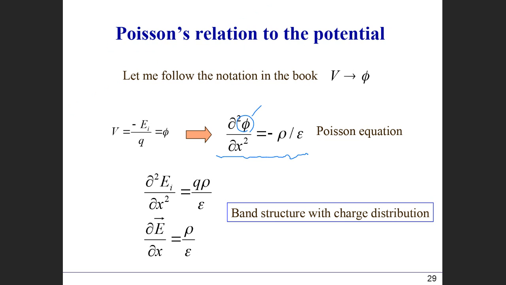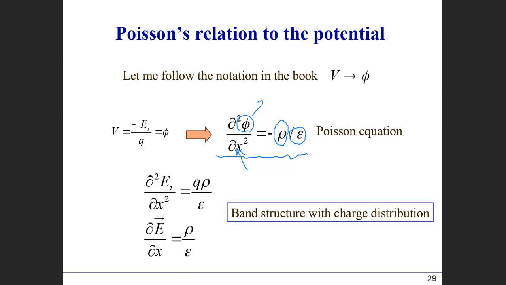Again, I just follow the notation in the book. This one represents the potential. Okay. So if you have the second derivative of this potential in terms of the position, in this particular case we just look at only 1D, it is related to the total charge in that space divided by the dielectric constant.